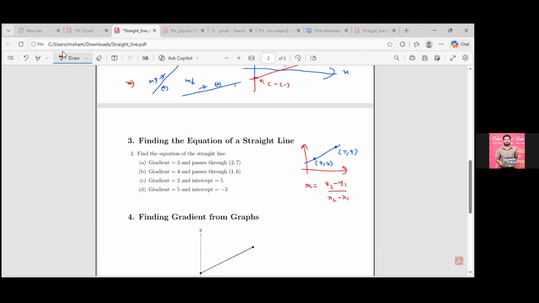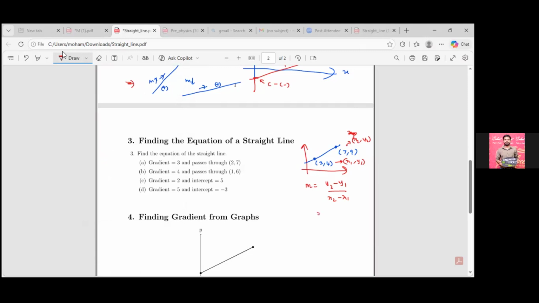So you choose one of these 2 points as x1 and y1. I'll take 3 comma 4 as x1 comma y1, and the other one as x2 comma y2. So x1 comma y1 is 3 and 4, and x2 comma y2 is 7 comma 9.